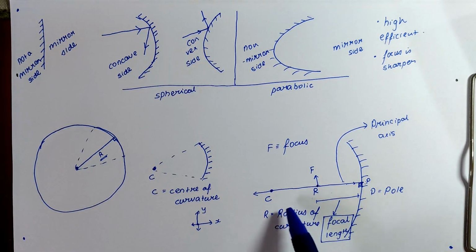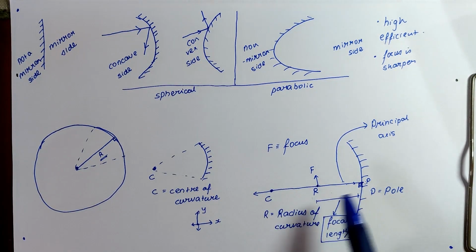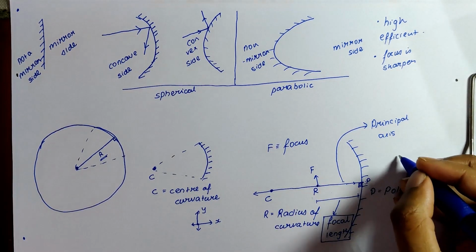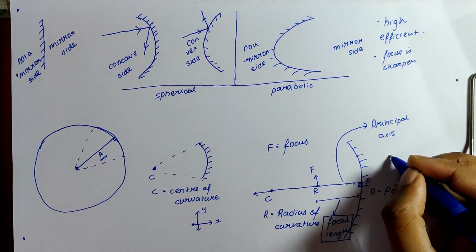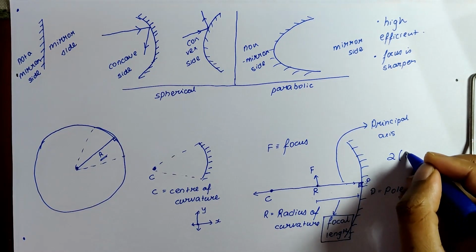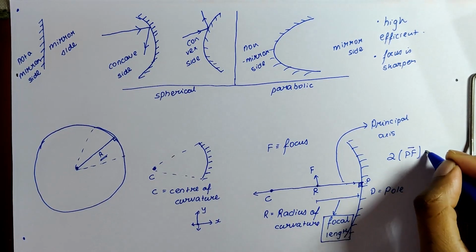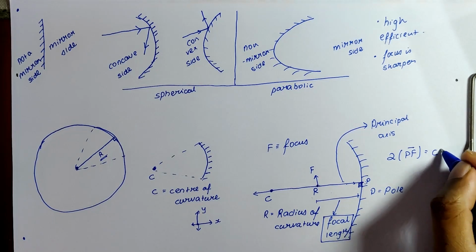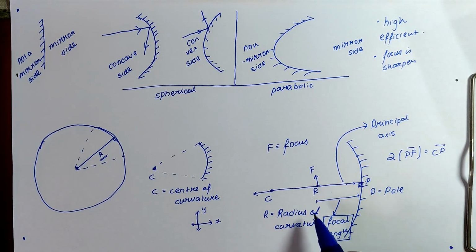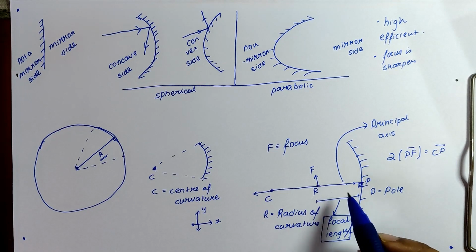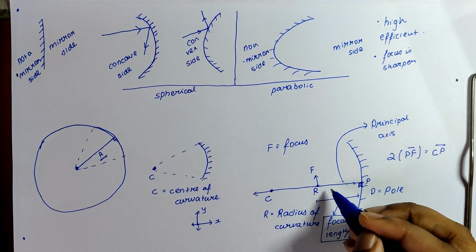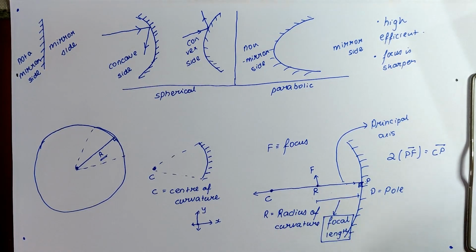Now the relation between CP and FP is 2 FP equals CP. That is, F divides the line CP into two equal halves. Now this finishes the terminology in the mirror.